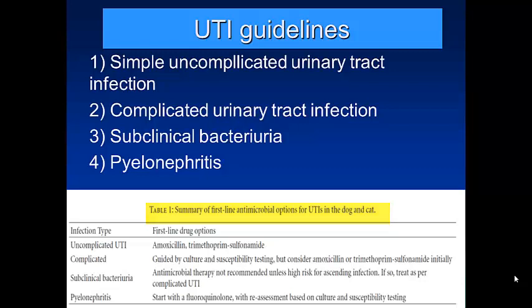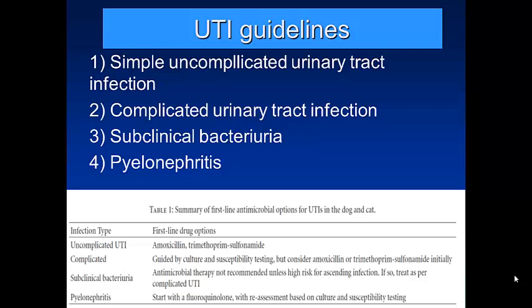You do not want to treat empirically these days, even if it is the first time that you see an animal. As you can see, subclinical bacteriuria does not require antimicrobial treatment. So that's one of the conditions where we may have been overusing them, just like when we catheterize animals, in which we are definitely prompting them to develop resistant bacteria if we need to treat those animals later on.